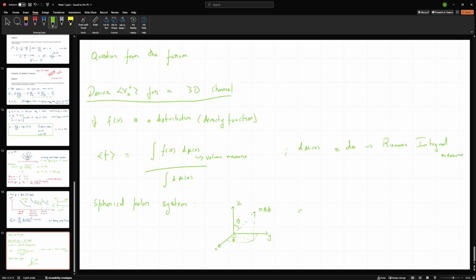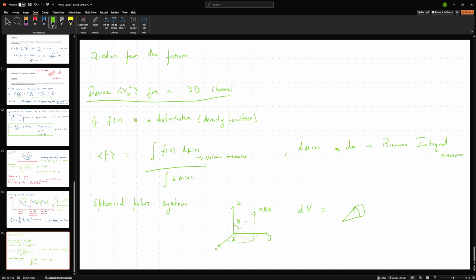So the volume element dv or d mu for my space is now going to be like this. Let me try to do some justice to this drawing.